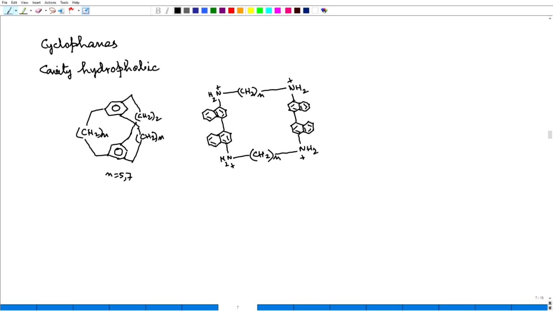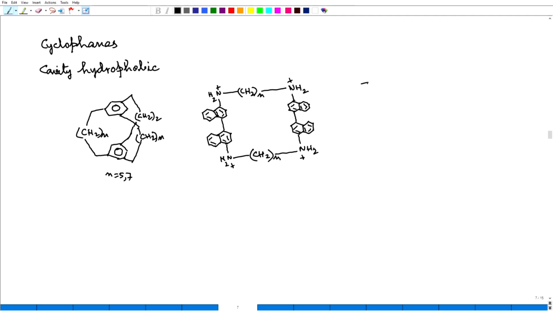If some non-polar organic compound is dissolved in aqueous solvents, this cyclophane can extract it, depending upon, as I told you, the cavity size and the guest size matching. The biphenyl moiety is very common in cyclophanes.